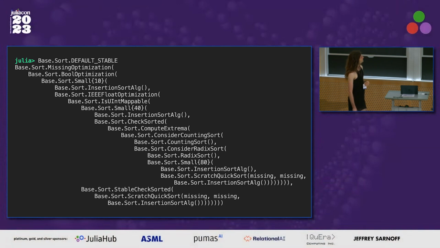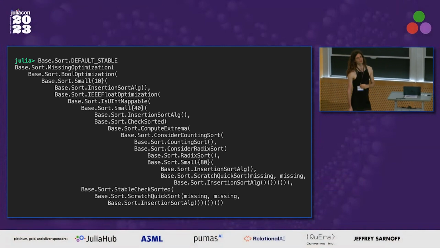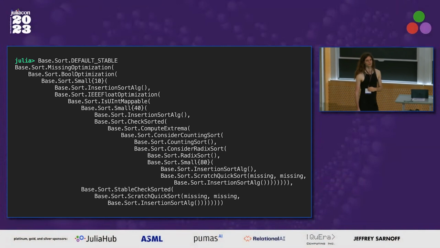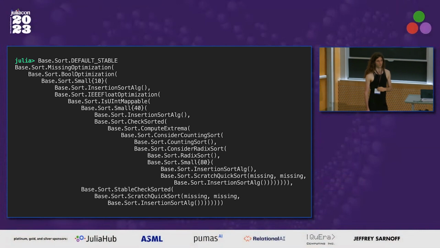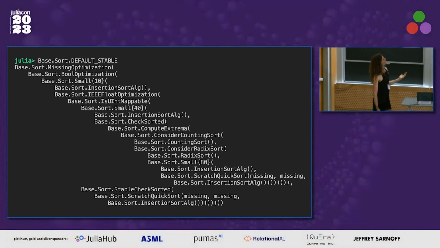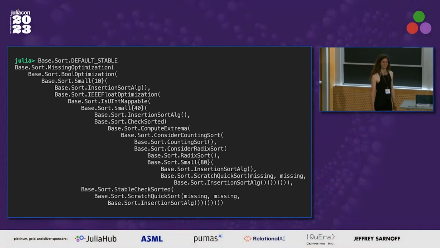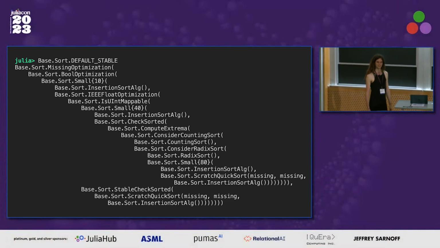As for fusing missing and is sorted, most inputs aren't sorted. If your bottleneck is sorting and your inputs are typically sorted, what am I here for? Usually you do @btime on the sort, and then after the first iteration, it's always sorted.